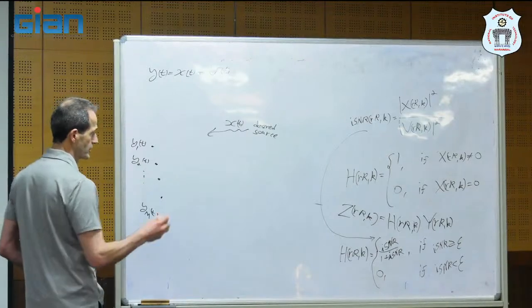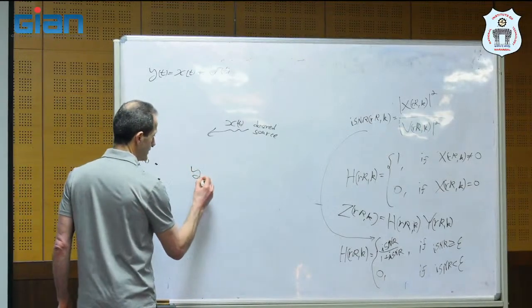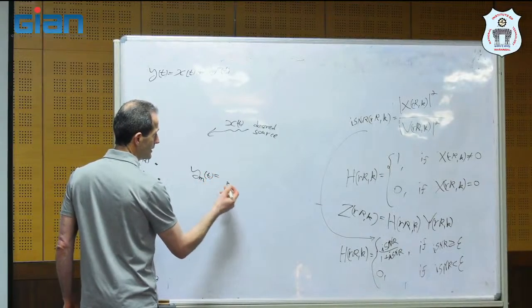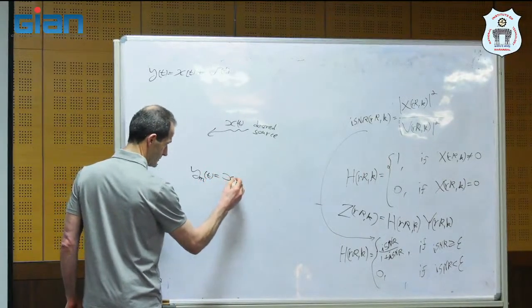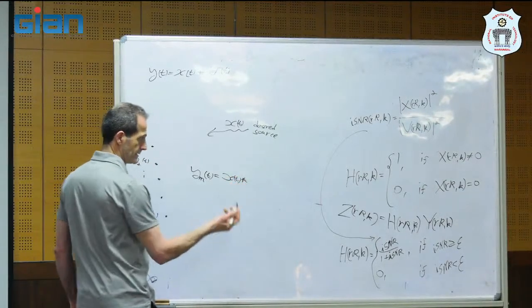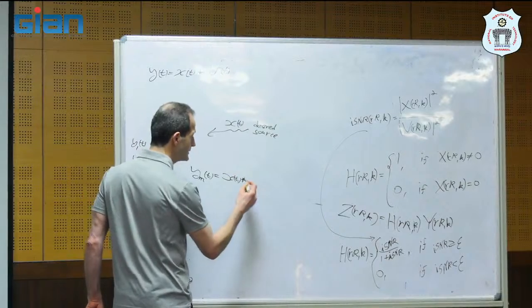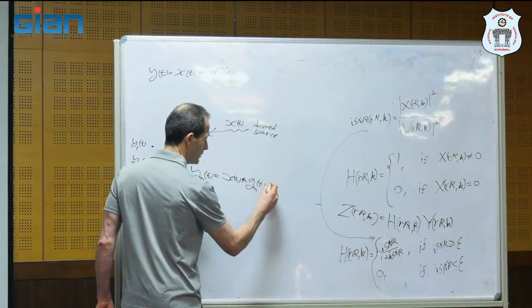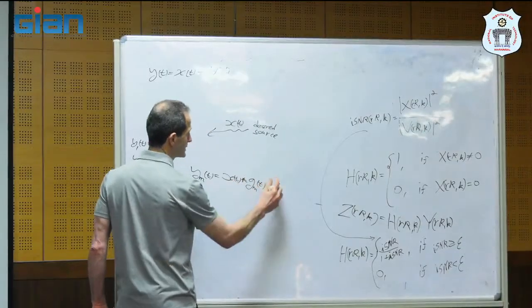So each sensor receives the source, including the effect of reflections, plus the noise in that sensor.